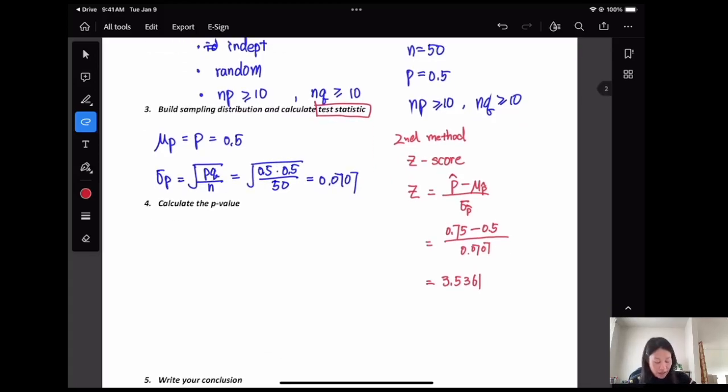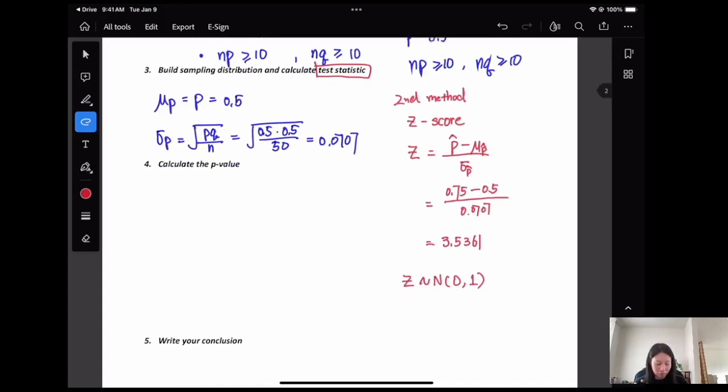So what is the z-score for? Remember that the z-score follows a normal distribution with mean mu equal to 0 and standard deviation sigma equal to 1, and now you got the z-score of 3.5361. That looks very big, so it's less likely.